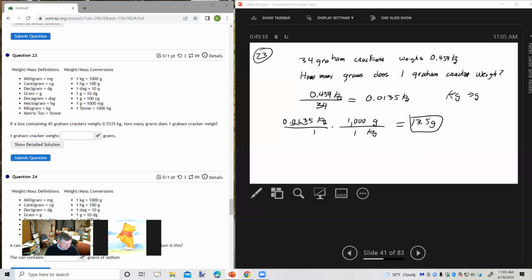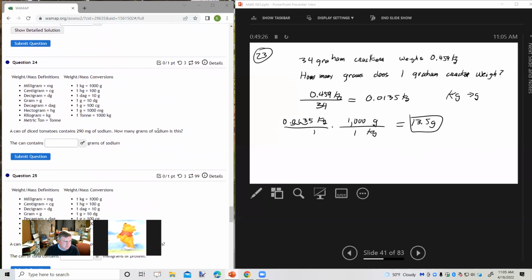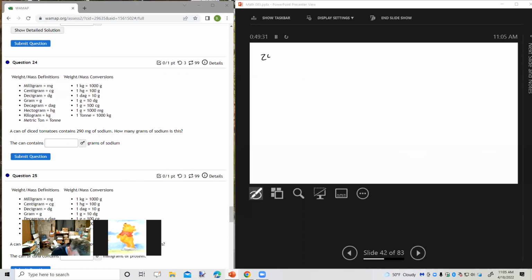All right, any questions about that one? Okay, let's go to another example. Let's turn the page and take a look at number 5. This says a can of diced tomatoes contains, we're going to use 380 milligrams of sodium.